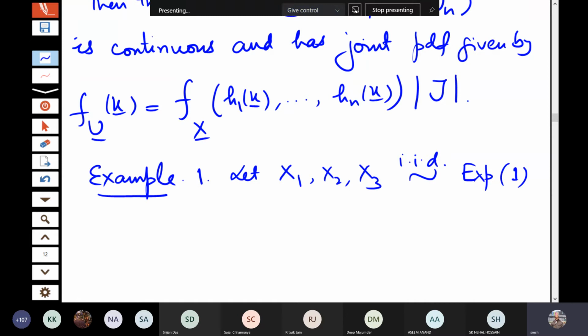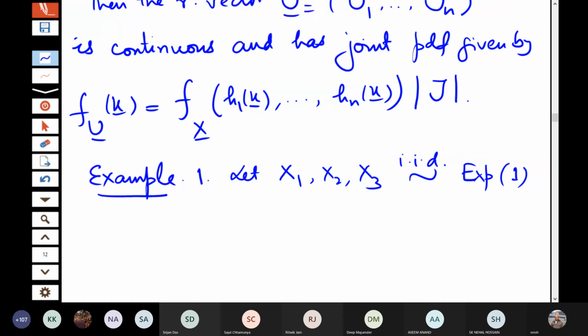Is this notation clear to you? Exponential 1. Is the notation clear? Yes, sir.